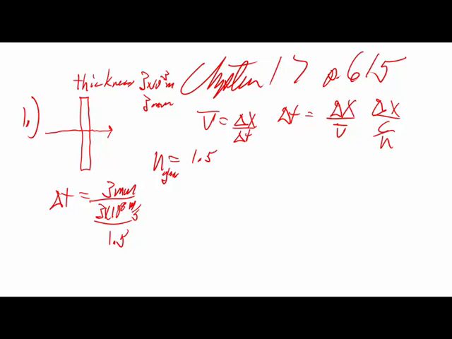And of course, that's a complex fraction, and so that's basically the same as saying 3 over 1 divided by 3 over 1.5. And when you do all that arithmetic, you come up with what? Well, let's see. We say 3 times 10 to the negative third divided by 3 times 10 to the 8th divided by 1.5.